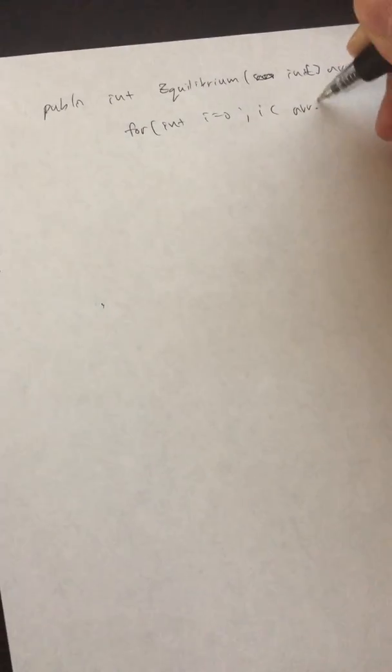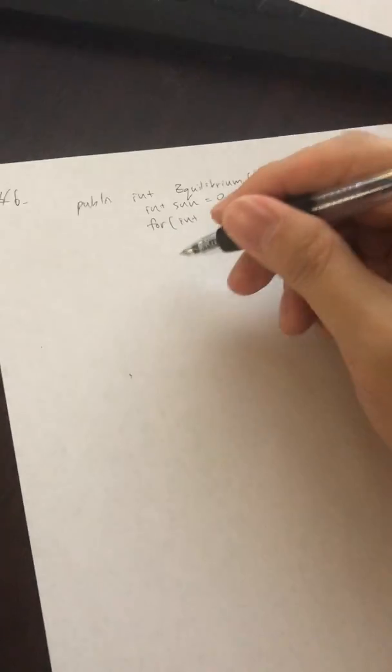So first I'm going to do for int i equals 0, i less than r dot length, i plus plus. So int sum is 0, and sum plus equals r[i], and I will have all the sum that is in the array.